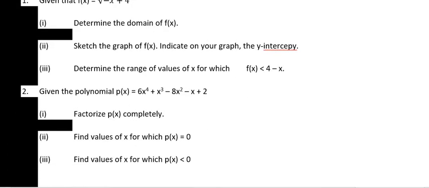next part. Okay, so the next part is saying determine the range of values of x for which we know that f of x is less than 4 minus x.